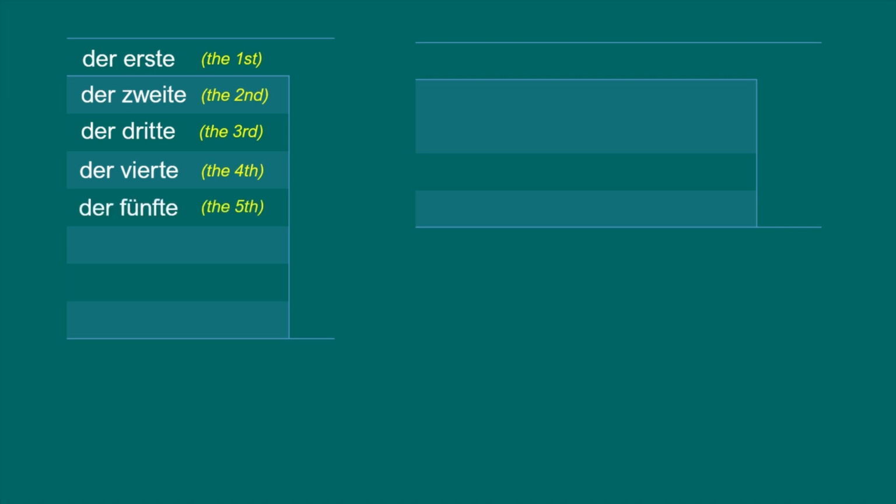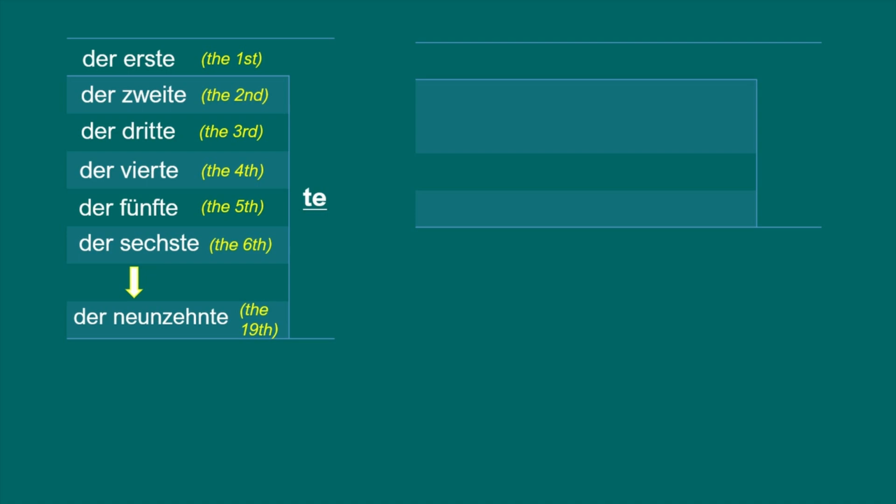Der fünfte, the fifth. Der sechste, the sixth. So far as you can see, from first to sixth, they all have the same ending. And not just up to sixth, but up until the 19th. Der 19. The 19th. From 1st to 19th, we will all be using the same ending, which is the te.